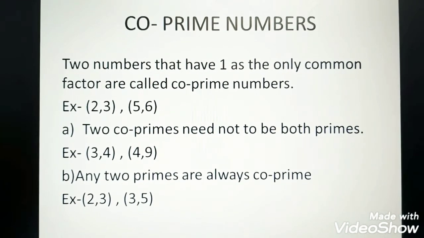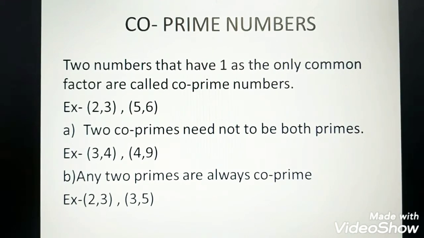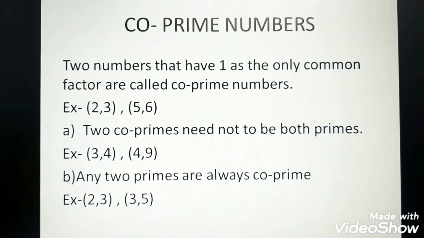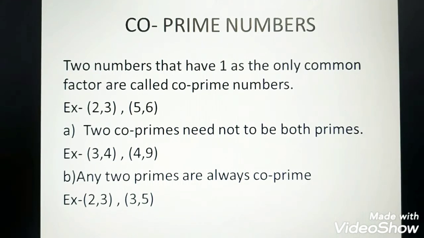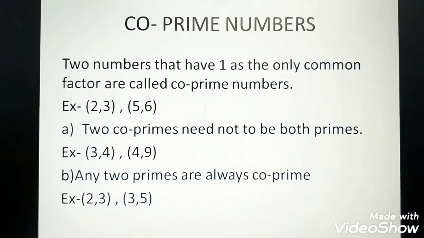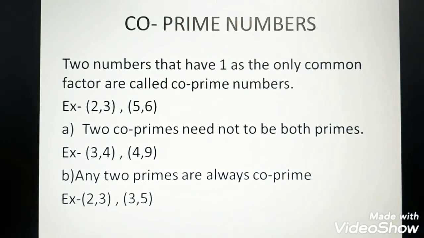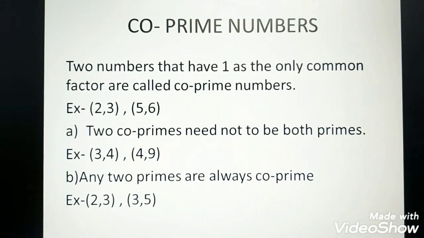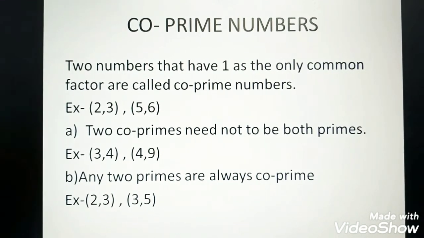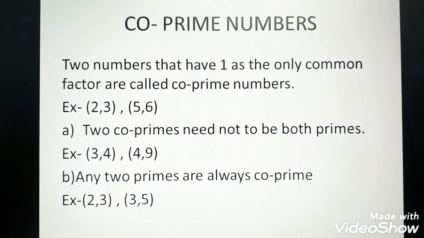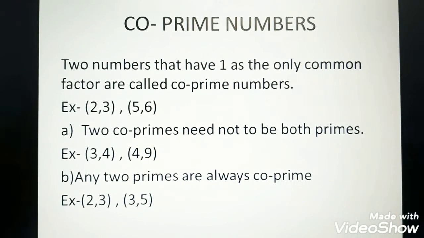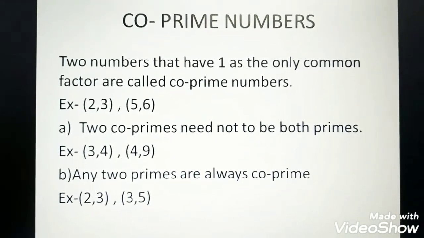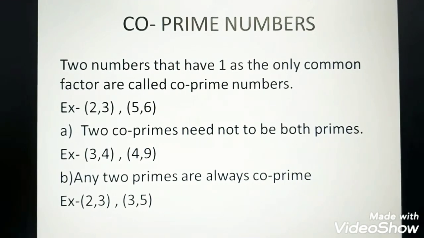Now see, the factors of 2 are 1 and 2 and the factors of 3 are 1 and 3. दोनों ही numbers का केवल एक ही common factor है. कौन सा? 1. So these two numbers are co-prime numbers. 5, 6 again, the factors of 5 are 1 and 5 and the factors of 6 are 1, 2 and 3. So which is the common factor between them? 1. So that is why 5 and 6 are co-prime numbers.